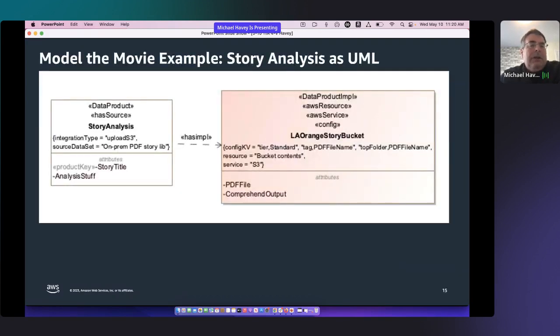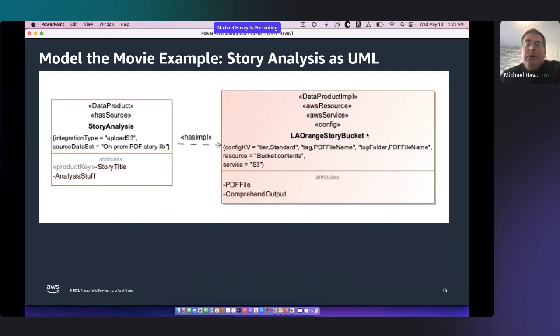So one example here, the story analysis: the way in which I rendered this in UML is to represent the data product itself, called story analysis, as a UML class, and then its implementation as another class. And I use stereotypes to indicate what these classes are doing. So story analysis is a data product.